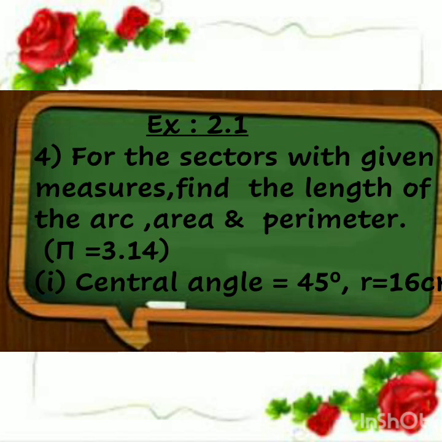First subdivision, central angle is 45 degree and R equal to 16 centimeter. Here pi value is mentioned 3.14, so no need to use 22 by 7. So instead of pi, you are going to apply 3.14. Central angle theta is 45 degree and radius is 16 centimeter. Do the problem correctly.